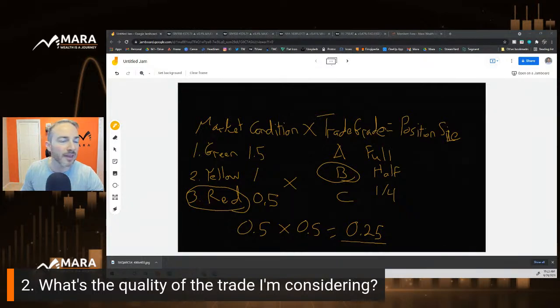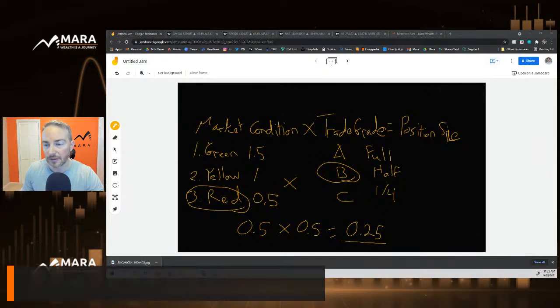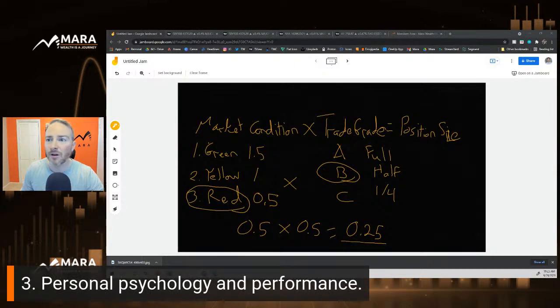There's one more thing to consider that goes into all this stuff right here. And we kind of touched upon it with what I just said, and it's your personal psychology and your performance. So one of the things that goes into market condition for me too that we didn't talk about yet has to do with personal psychology, personal performance.